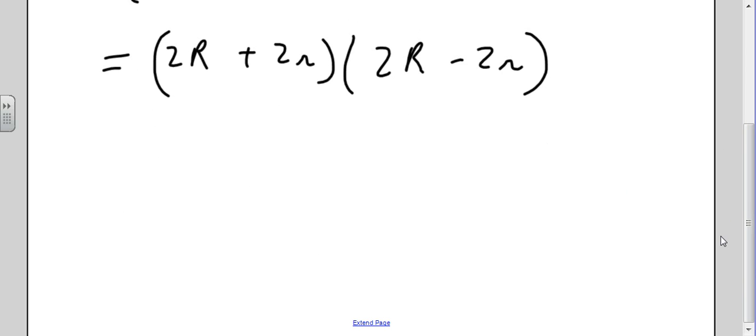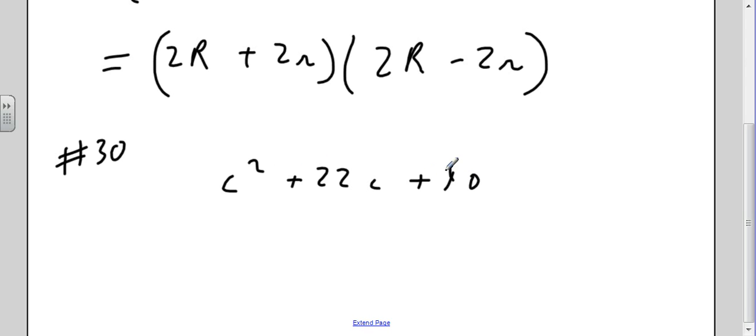Okay, we're going to look at number 30. c squared plus 22c plus 40. And I'm supposed to factor that? I don't see where that belongs in this section, do you?